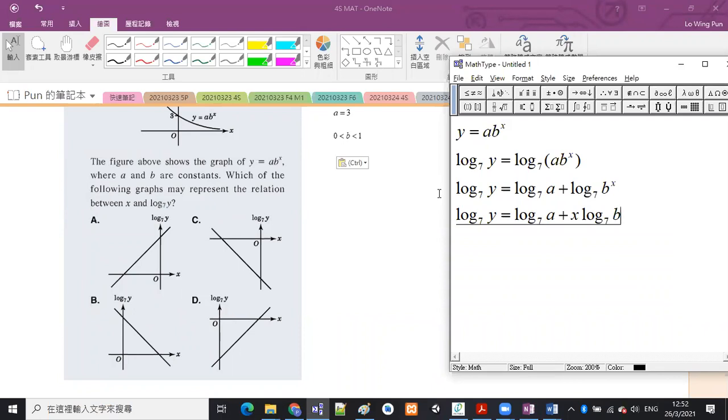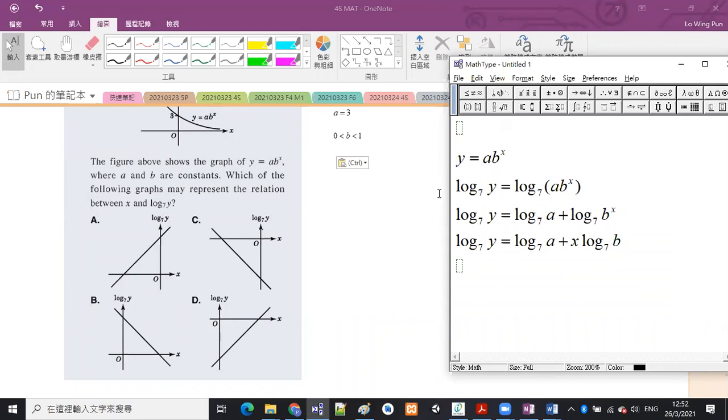And now it is in the form of y equals mx plus c. 你其實可以 let capital Y to be log y base 7. Okay. And now it becomes Y equals log a base 7 plus x log b base 7.